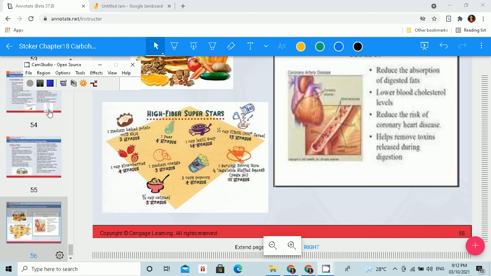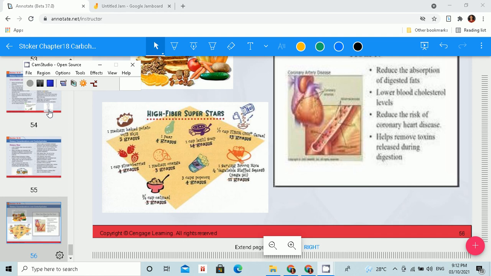Hope you have learned aside because carbohydrates seems so familiar. We've eaten it every day. What we have tackled here in biochemistry is the chemistry of our carbohydrates.